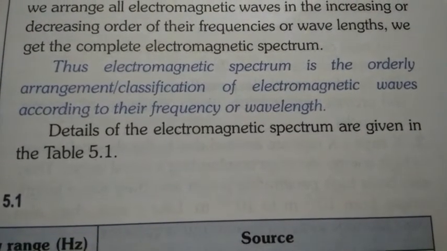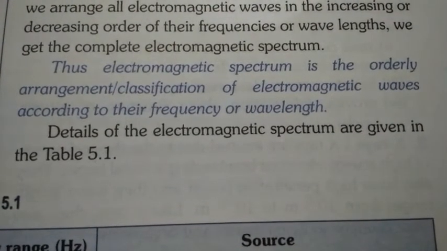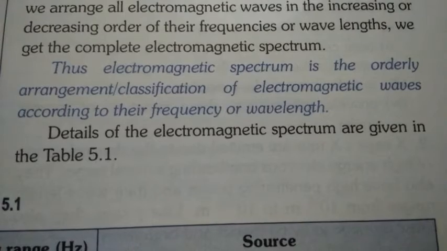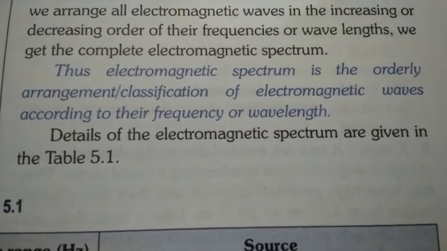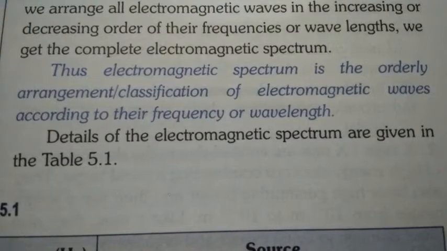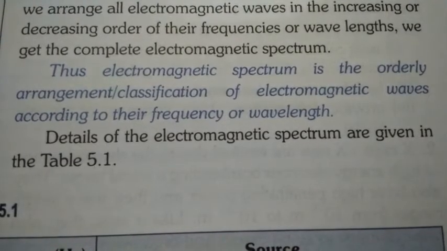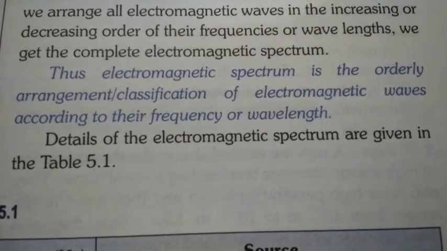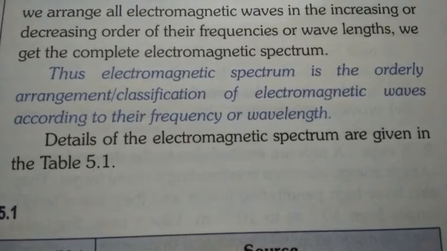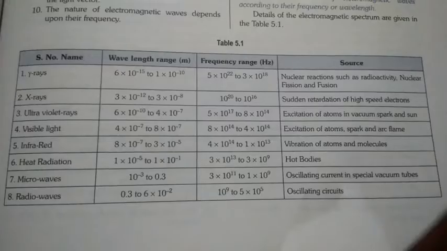So according to their frequency or wavelength, we have arranged them in a proper manner. That arrangement is called spectrum. So here you can see the definition: the electromagnetic spectrum is the orderly arrangement or classification of electromagnetic waves according to their frequency or wavelength.